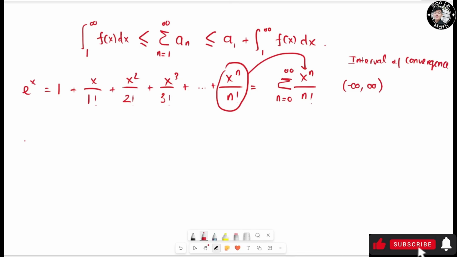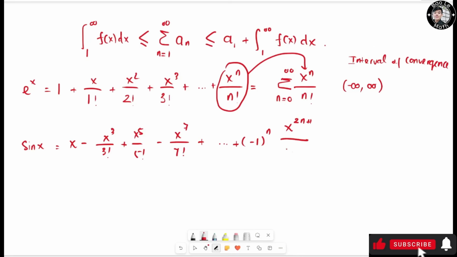Now the second one is the sine function. It's going to be s minus s cubed over 3 factorial plus s to the 5th over 5 factorial minus s to the 7th over 7 factorial plus etc. plus negative 1 to the n times s to the 2n plus 1 over 2n plus 1 factorial.